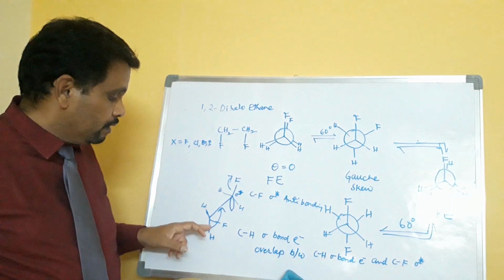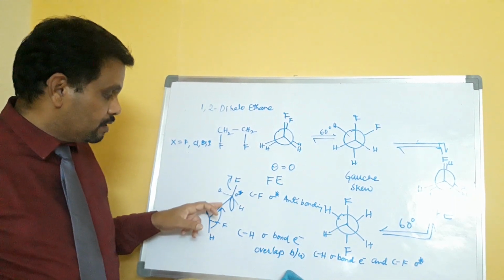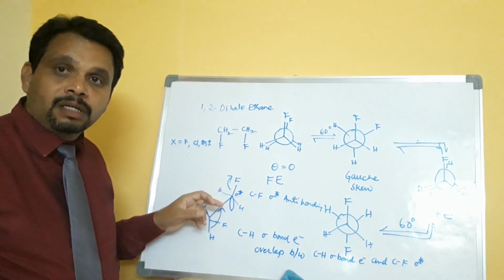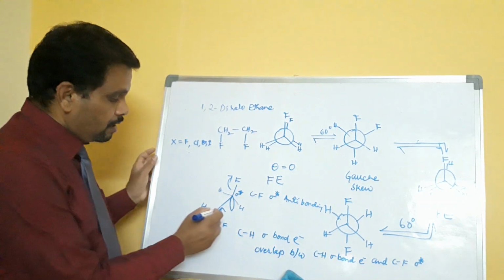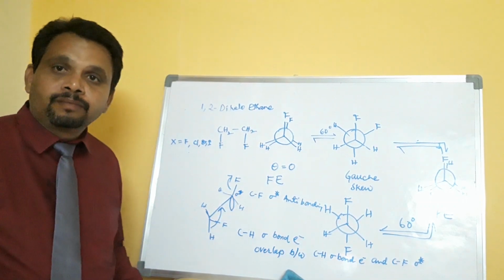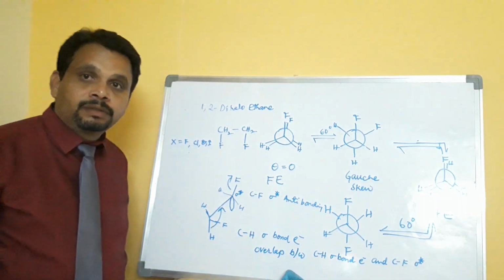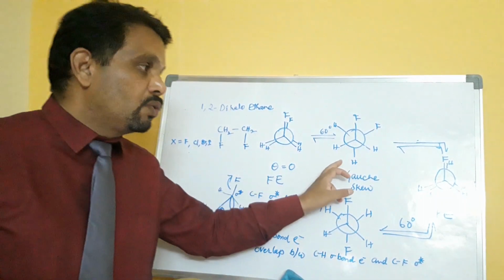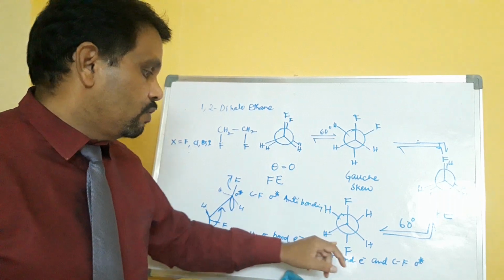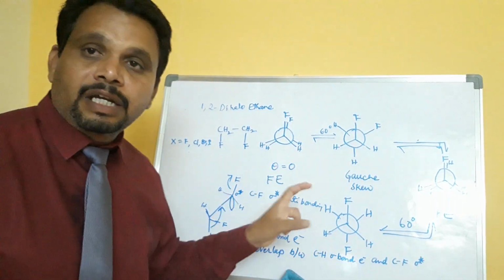So these bonded electrons and these orbitals are in conjugation, and they will easily form hyperconjugation between them. That's why the gauche or skew conformer is more stable than the remaining conformers.